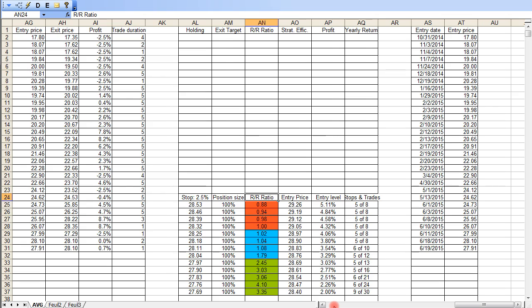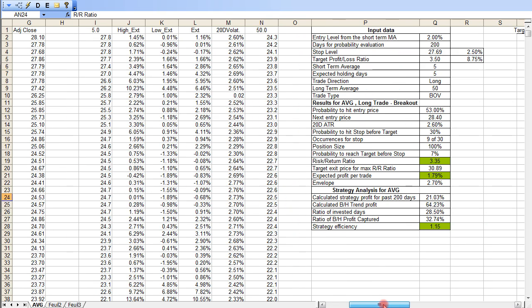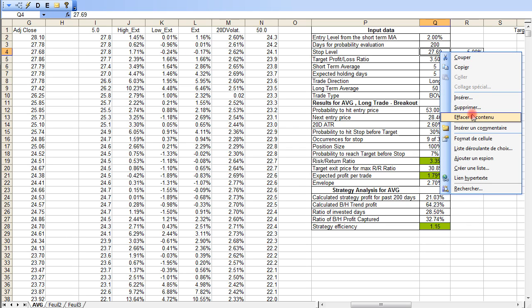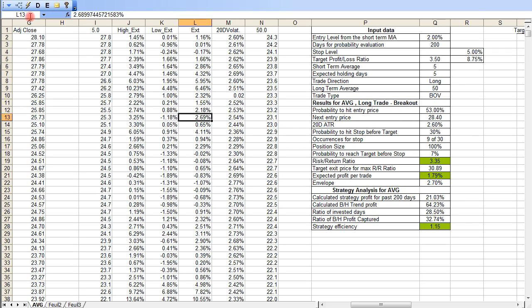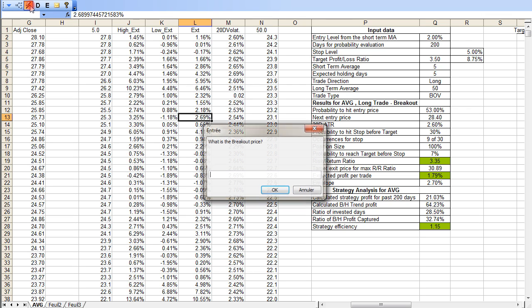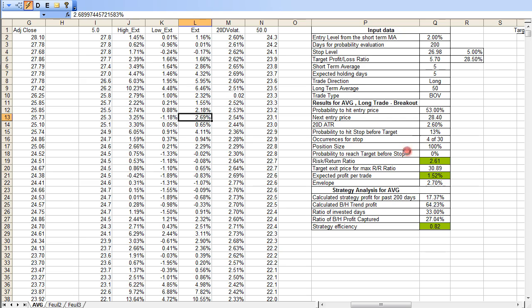Okay. What we can do as a second test is to test a breakout on volume, for example, with a higher stop. If I take 5% as a stop loss, we can see that the risk return ratio is still good.